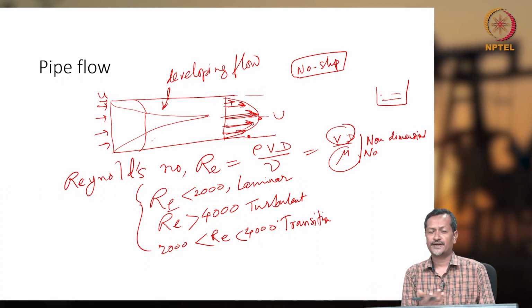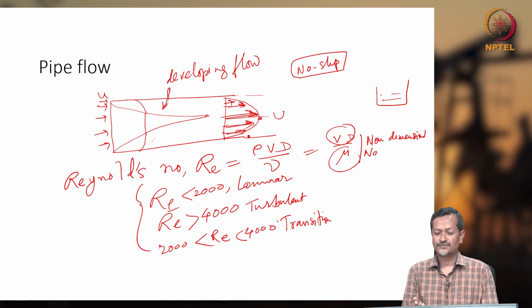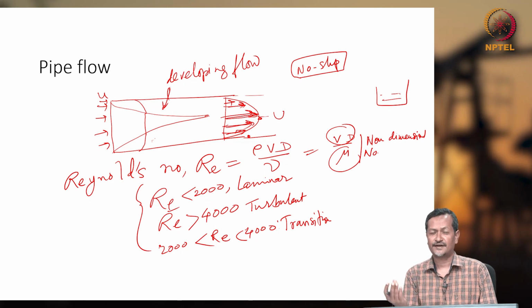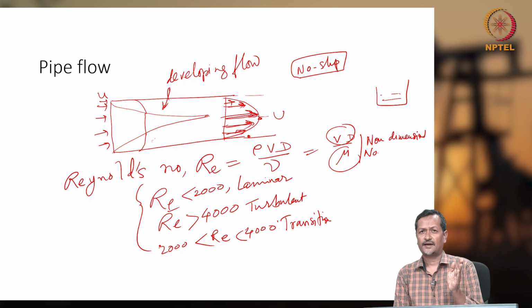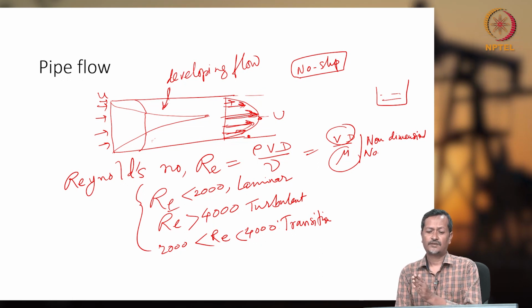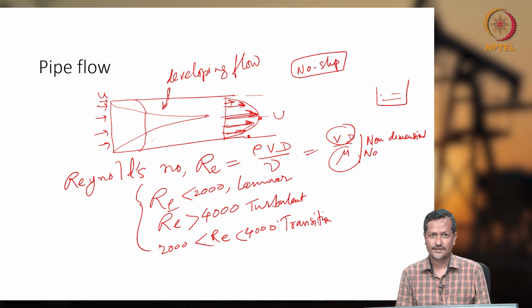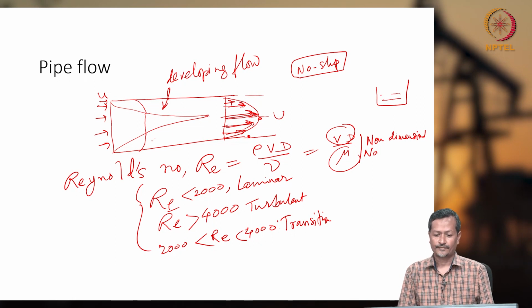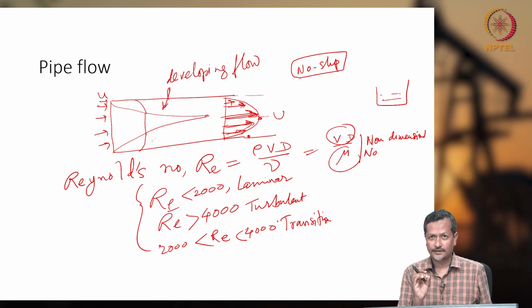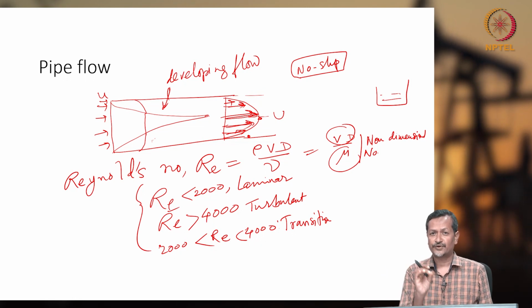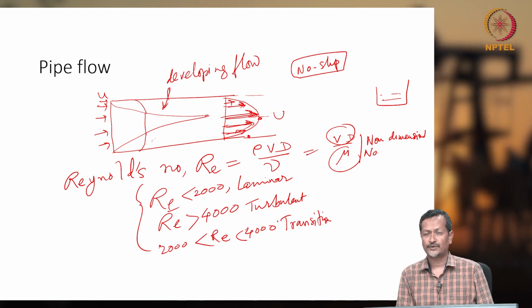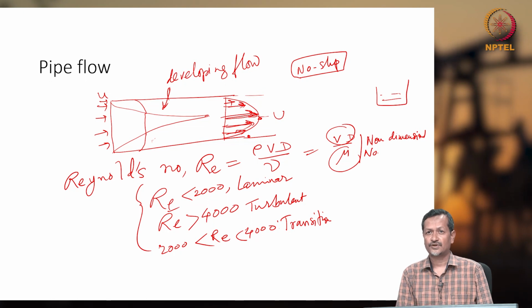Sometimes some books write 2300, and sometimes for 4000 they write 3800 or 4300. But approximately it is 2000, and the turbulence range will be 4000 plus. So it is inertial force by viscous force, and you have to remember the formula also. Normally we will not give the formula during the exam, so you have to remember it.